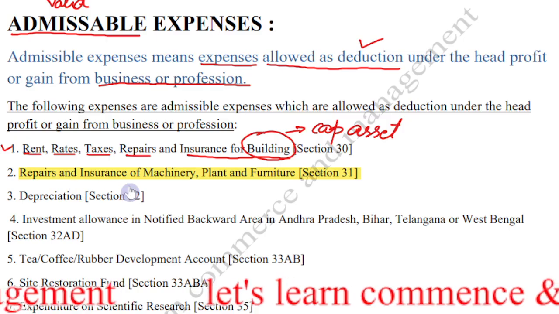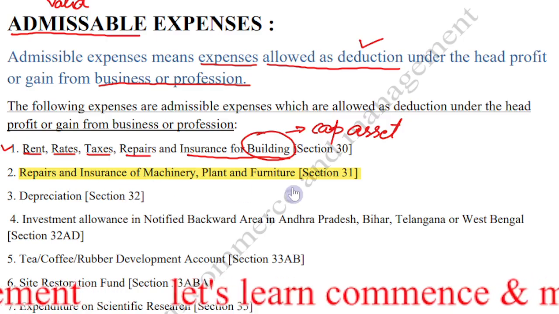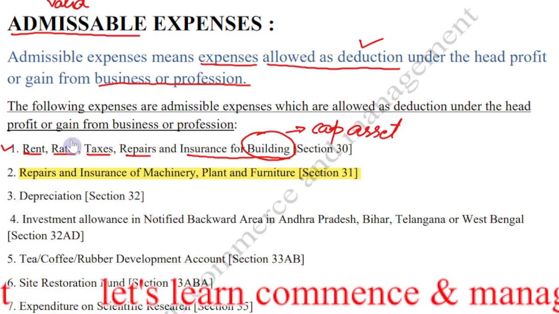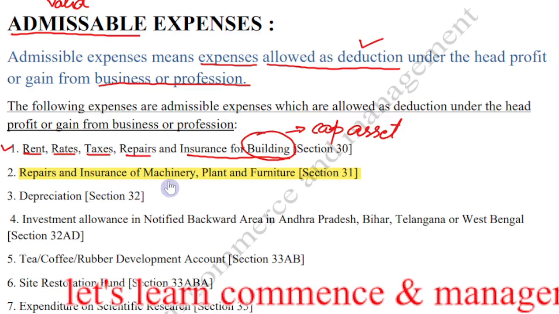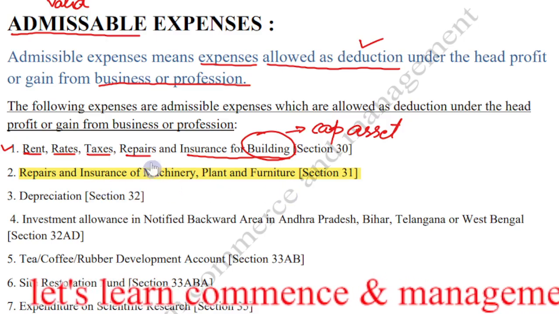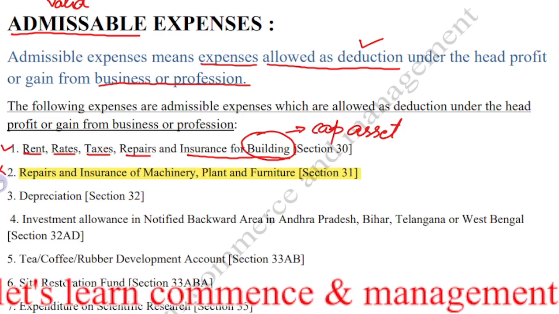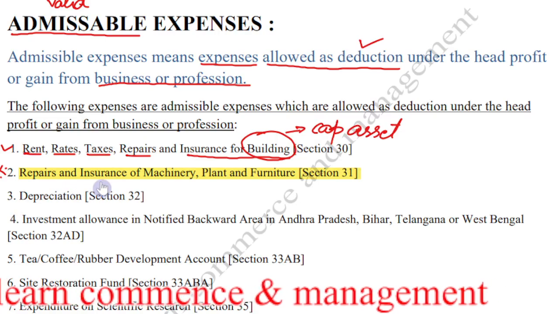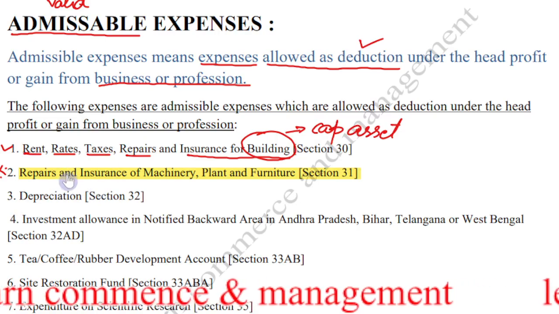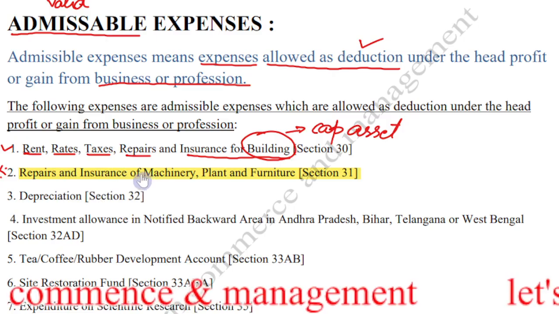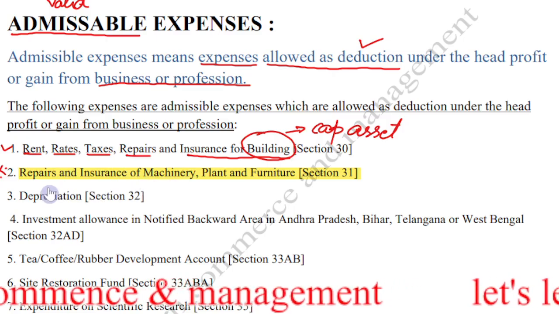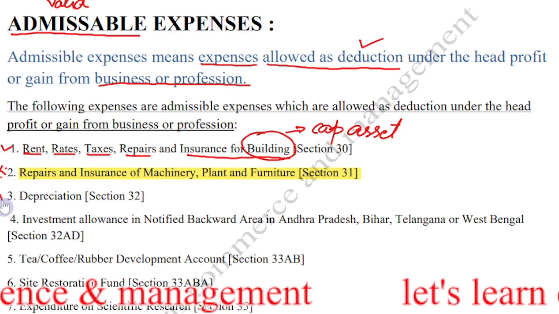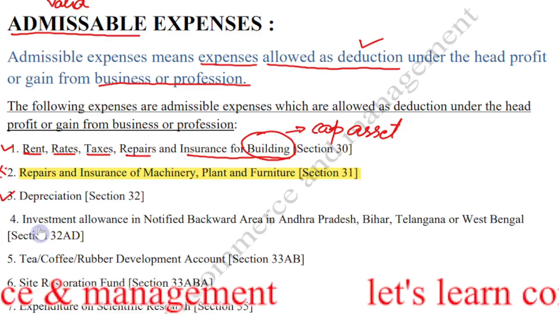Again, these three are also capital assets, but only repairs and insurance of machinery, plant and furniture is considered as deduction. Okay, so mark it as important. You will come to know why this is important by the end of this class. Then we have depreciation. Depreciation is also considered as deduction.